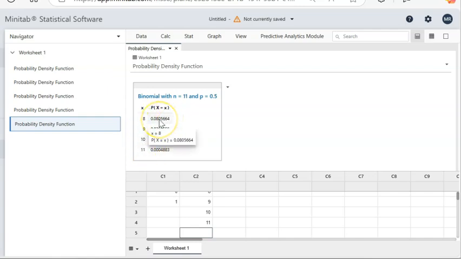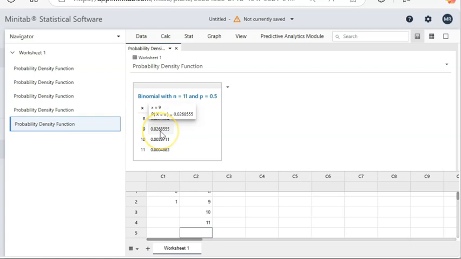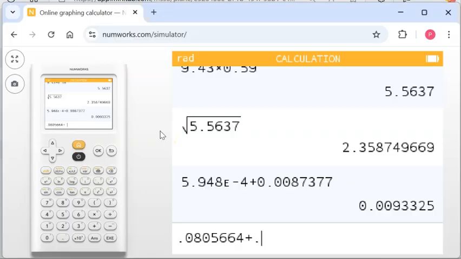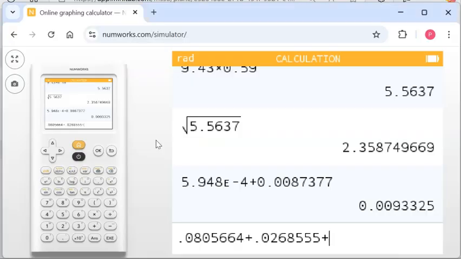So let's go ahead and put these in a calculator. 0.0805664 plus 0.0268555 plus, now the probability for 10 is 0.0053711.